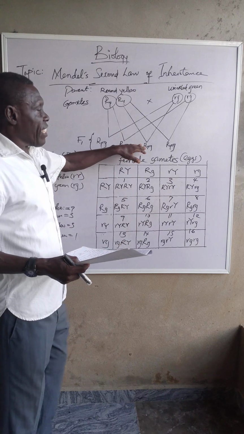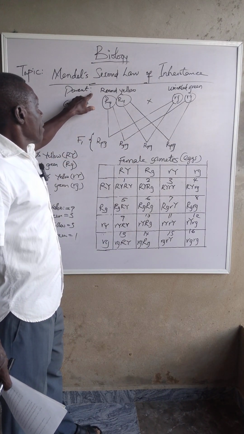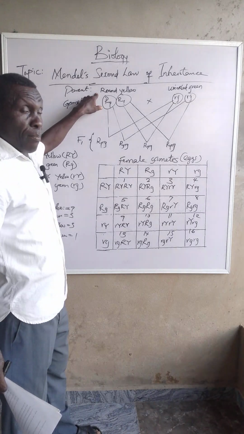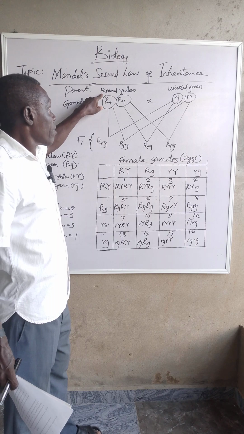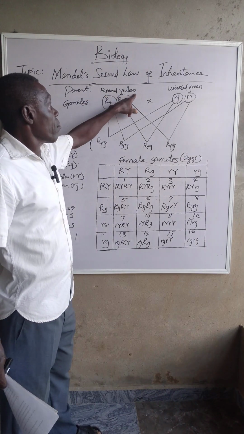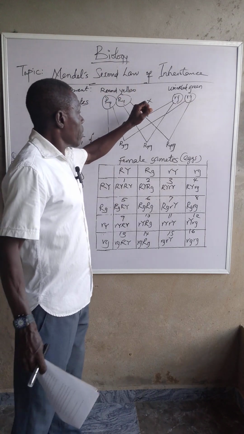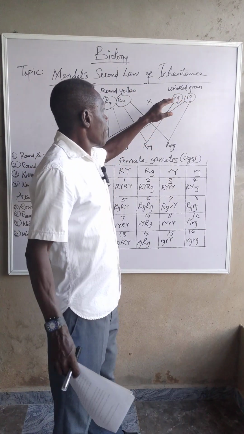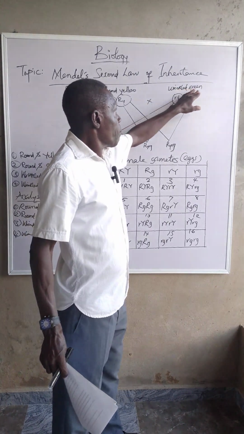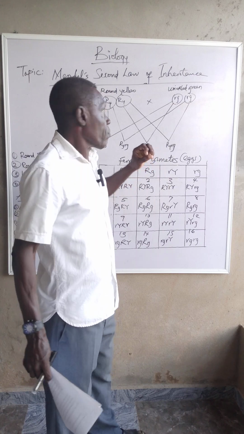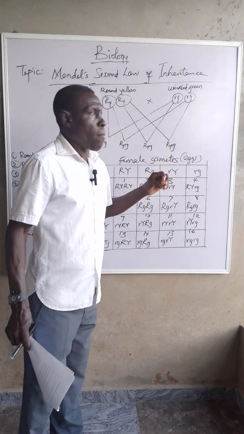Now let's look at this diagram to explain. Assuming this is the parent plant, the seed is round and the color yellow. Another seed is wrinkled in appearance, but green in color. So round yellow, wrinkled green.